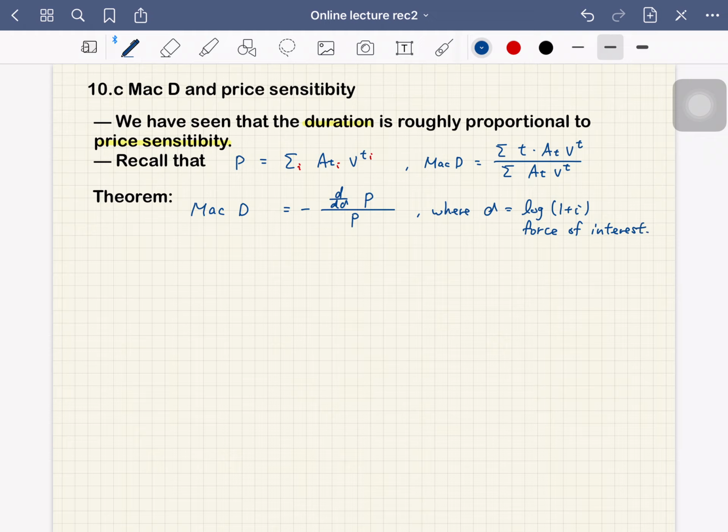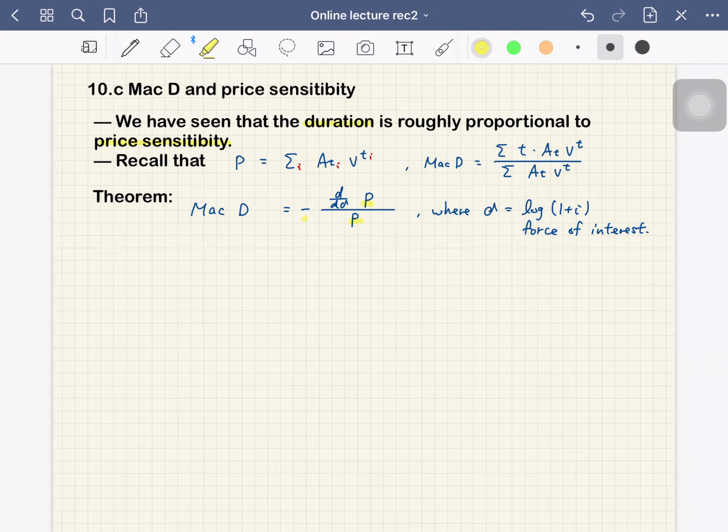Okay, so what does that mean? We think about the price and the derivative of price. So this is basically the rate of change. And if the interest rate goes up, then the rate of change in price is equal to Macaulay duration with this negative sign. Remember that if the interest rate goes up, then delta goes up, then the price goes down, right?